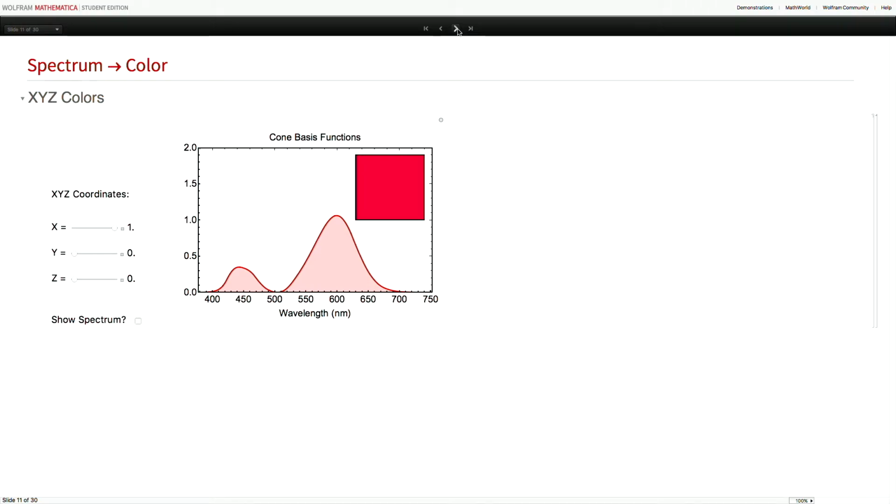You have three different types of color-perceiving cells in your eyes, the cones. You have cones that specialize in the longer wavelengths, the red cones. You have cones that specialize in the medium wavelengths, which would be the green cones. And finally, you have cones that specialize in the shorter wavelengths, the blue cones. As we change the relative stimulation of these different cone cells, our brain perceives this as different colors.